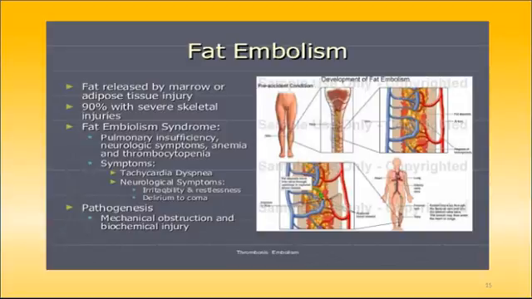And like in the lungs, the fats degrade into smaller particles and release fatty acid that literally burns the tissue, causes vascular problems and leaking and damage, and leads to this fat embolism syndrome.